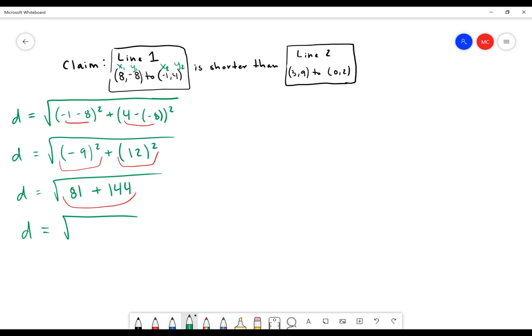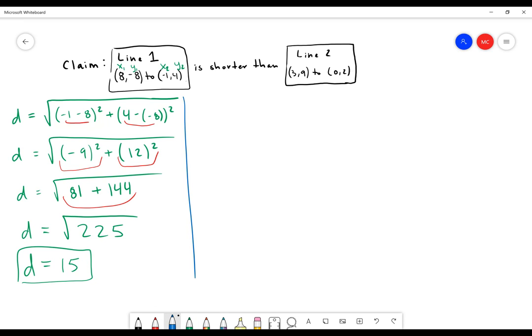Distance is equal to the square root of 225. And when I take the square root of 225, I get 15. Yes, the square root of 225 is 15, so the distance of line 1 is 15.